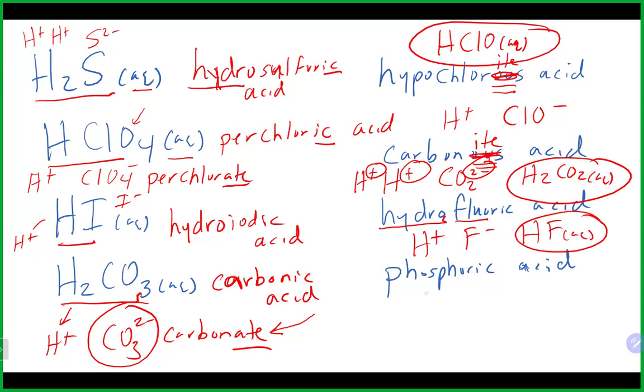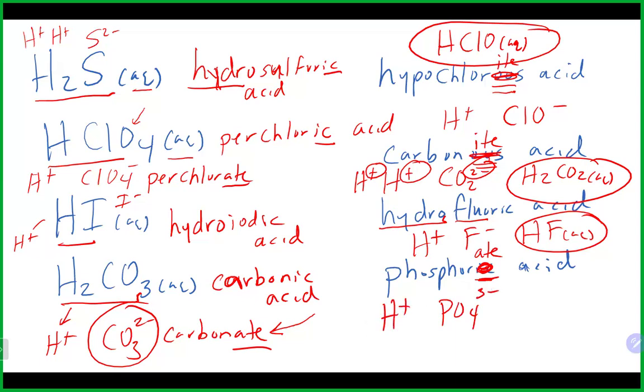Lastly here, phosphoric acid. There is no hydro there, which means it does contain oxygen and does have a polyatomic ion. And that polyatomic ion here, this ends in ic, the acid, which means if I cross that out, my polyatomic ion should end in ate. So now I can see phosphate basically, right? And phosphate is PO4 3 minus.